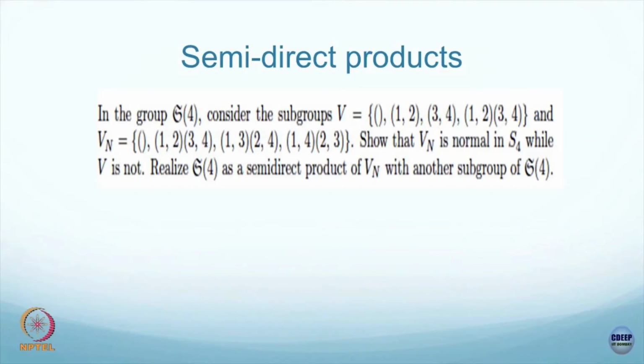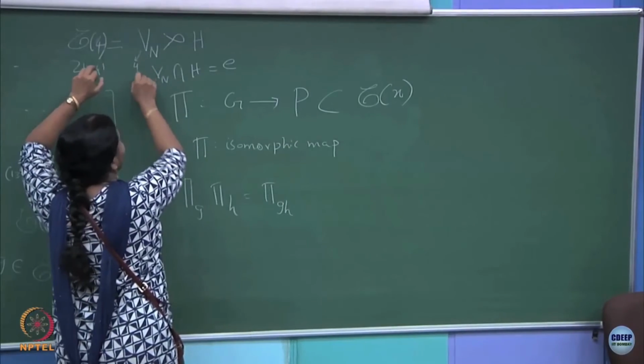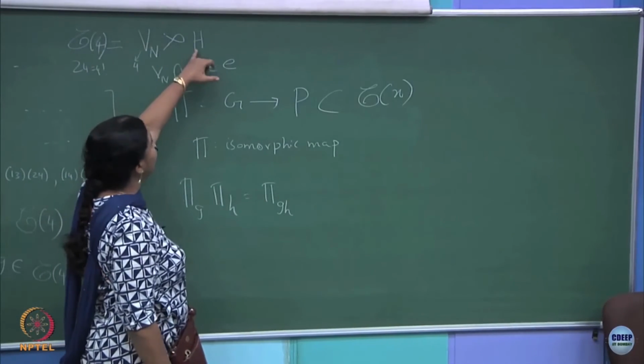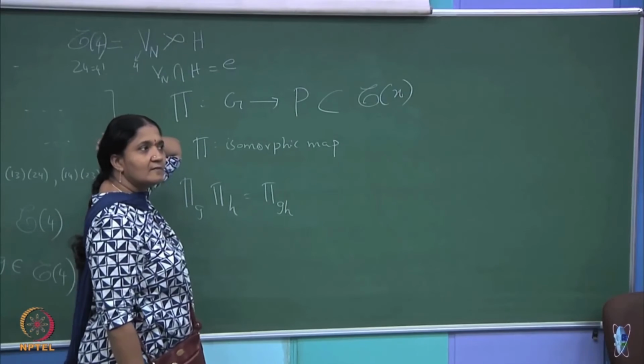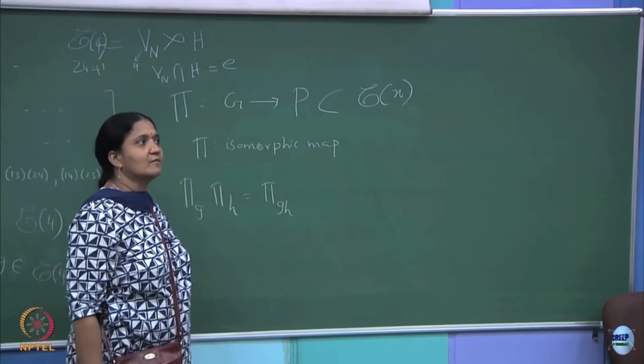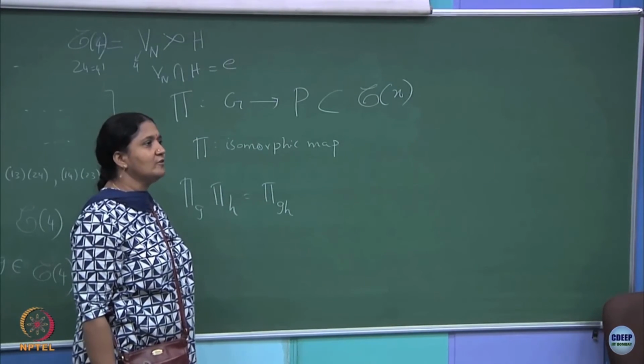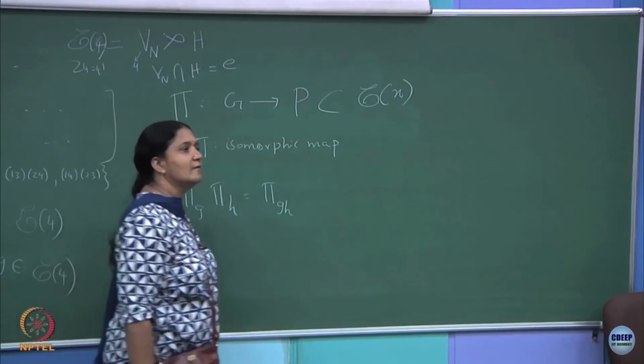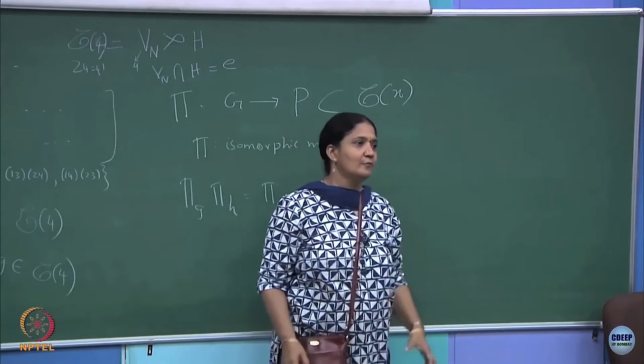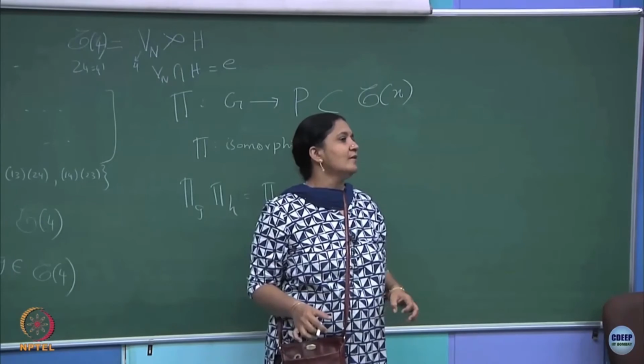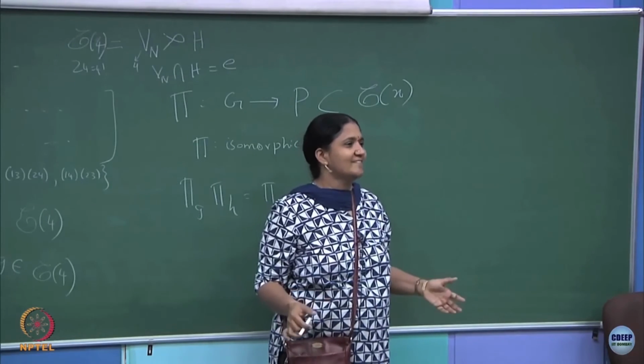How many elements are there? First check, 24 elements, which is 4 factorial. Here there are 4 elements. How many elements should be here? Semi-direct product orders, what is the order of a semi-direct product? If you take G1 and G2, if you do direct product, what is the order?